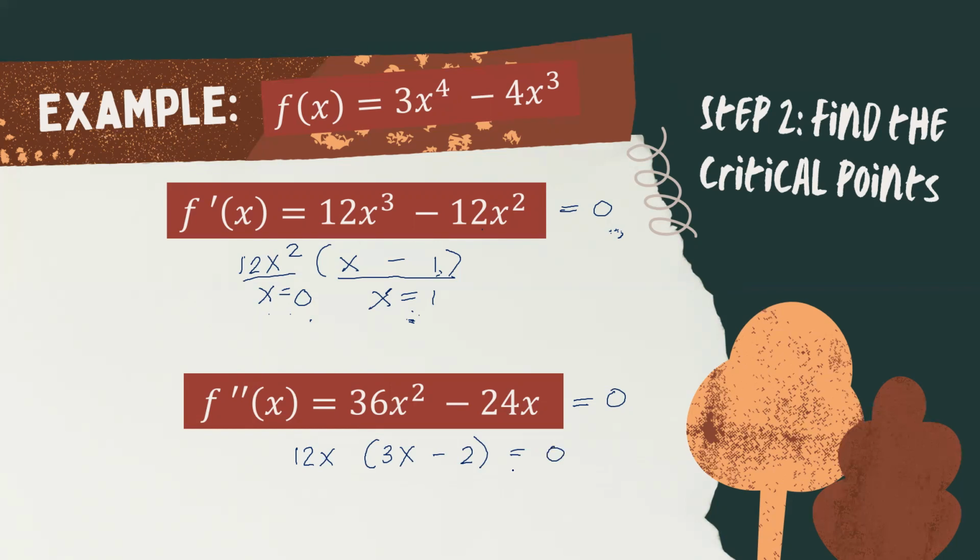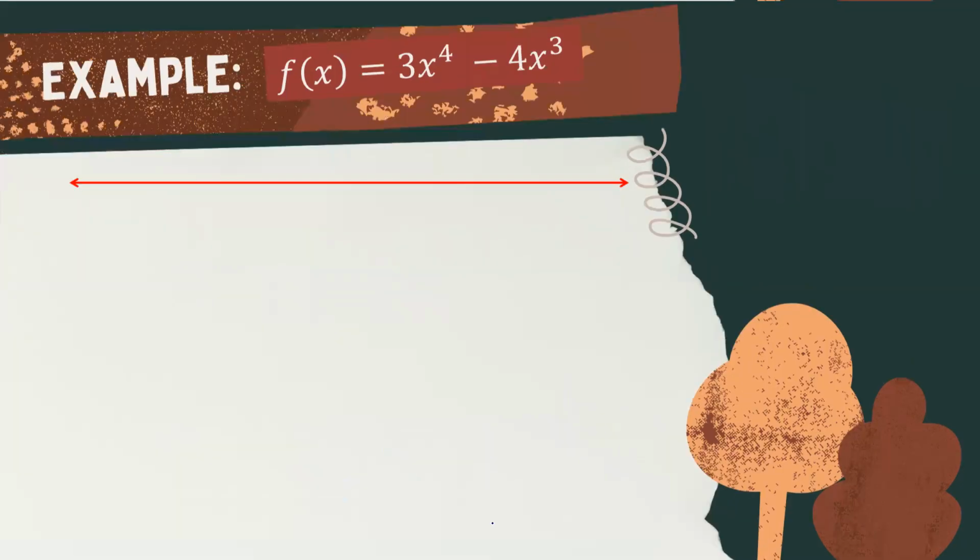Tama po. So again, critical point natin, x equals 0 and x equals 2/3. Okay. So ang critical points natin, si 0, dalawang beses siya naging critical point, tsaka yung 1 and 2/3. Okay, so we're done with step 2. We have 0, 1, and 2/3.